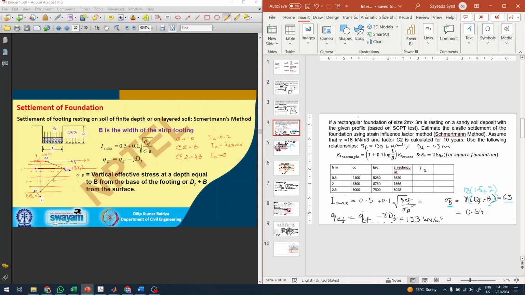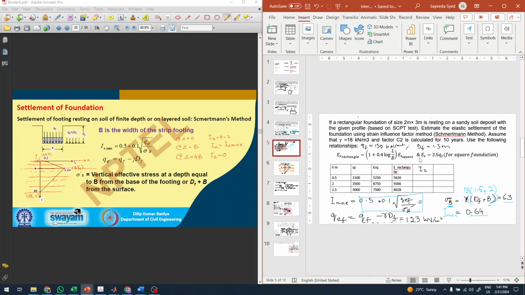So from this formula, 0.5 plus 0.1 under root Q effective by sigma B, we get I max equal to 0.64.